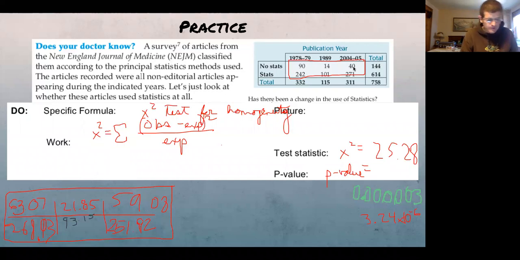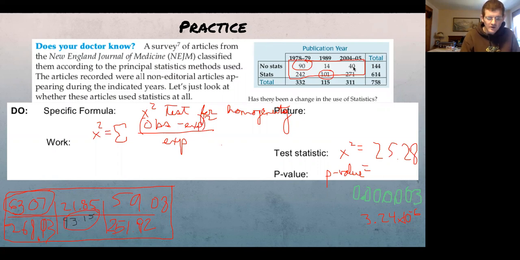Now to show our work: for the chi-square, I was comparing this expected count to this actual count, and I did that for all 6 cells. I didn't have to go in any particular order. I could have jumped around and next compared the 101 to the 93.15. So there's no particular order that we have to go in.